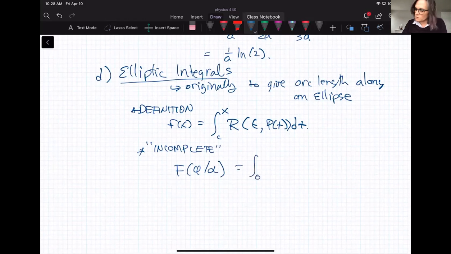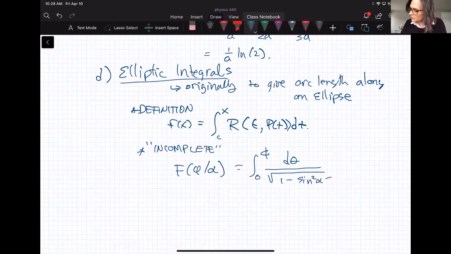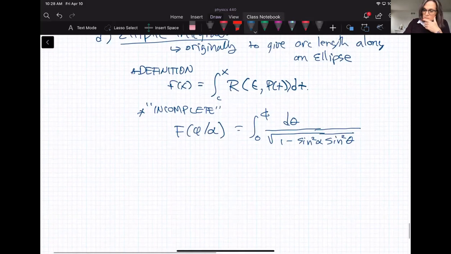It's the integral from 0 to phi of d theta over the square root of 1 minus sine squared alpha sine squared theta. So this is something that you can use to basically evaluate the length along an ellipse.